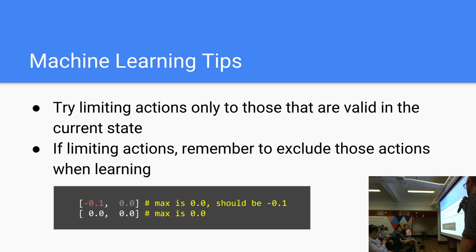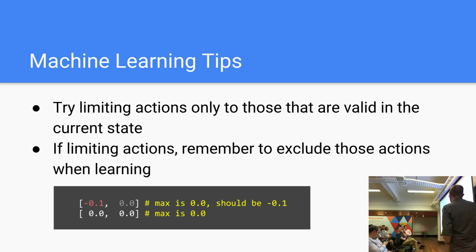But when you have Q tables, the maximum will be 0.0. If you exclude that action that you can't do, the maximum is minus 0.1, which is actually far more important because you're like, hang on, I don't want to land in this state anymore. That was a bad thing to do. Instead of it being kind of neutral, didn't really matter, which is what's going to happen if it's 0.